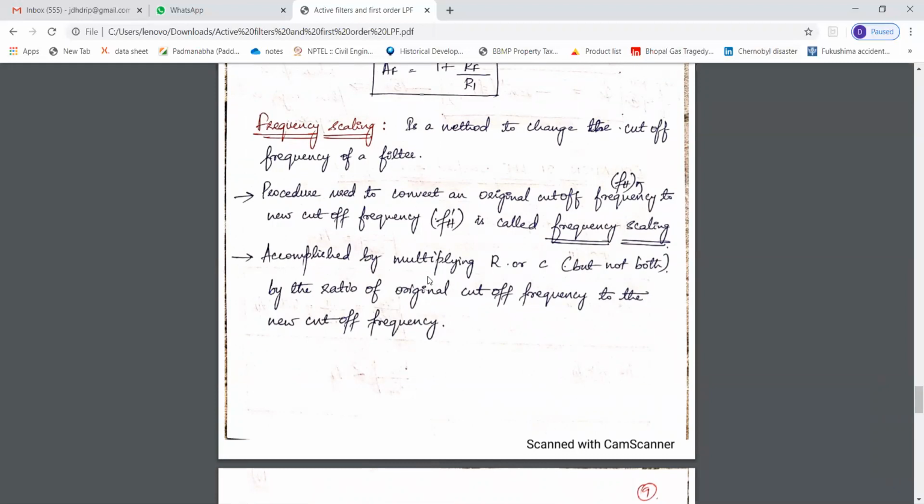In some applications the filter might demand frequency scaling, so this particular method is used there. So how is it accomplished? The resistor at the input side or the capacitor, not both, any one, either resistor or capacitor, is multiplied by the ratio of the original cutoff frequency fh by the new cutoff frequency fh dash.